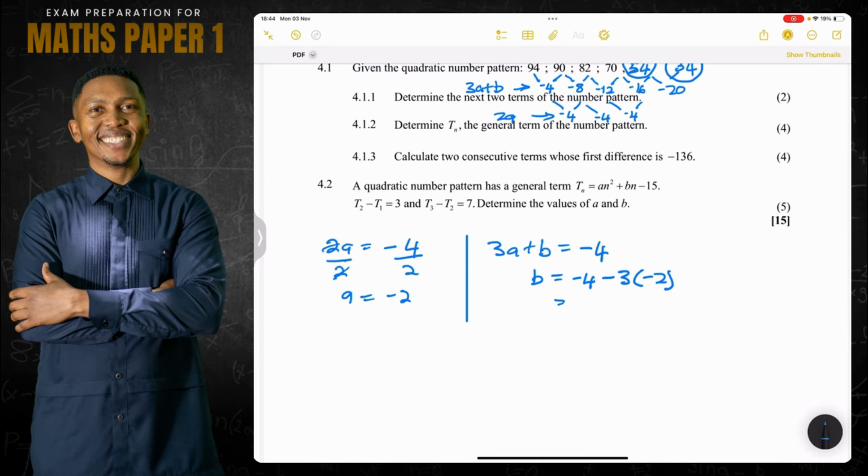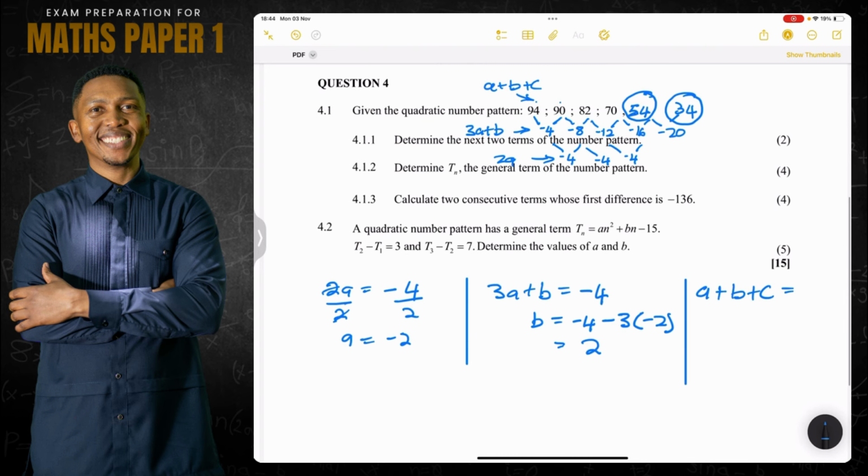So that's going to be negative 4 plus 6, which gives us 2. And finally, we've got a plus b plus c, which is equal to our first term of the sequence, which is 94. So this is going to be negative 2 plus 2 plus c. And so those two cancel out. And so c is equal to 94.